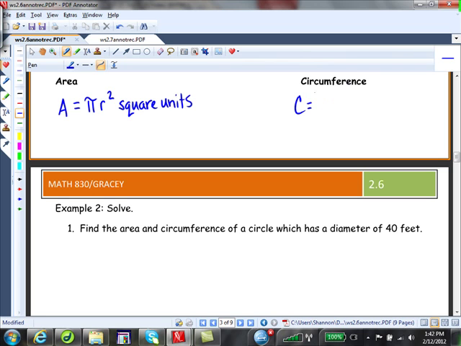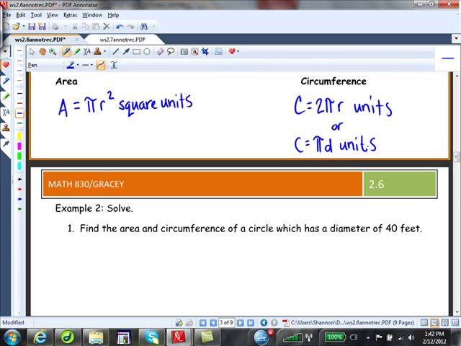You can write it as 2 times pi times r, in linear units, or, since 2r is the diameter, you could write it as pi times d units.